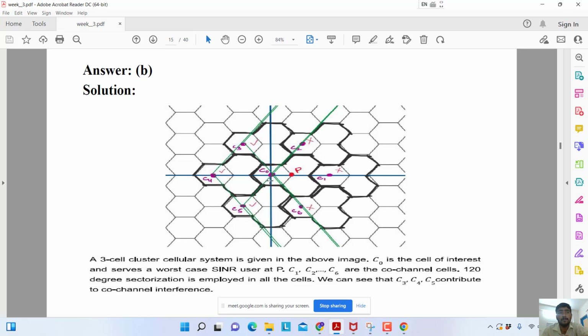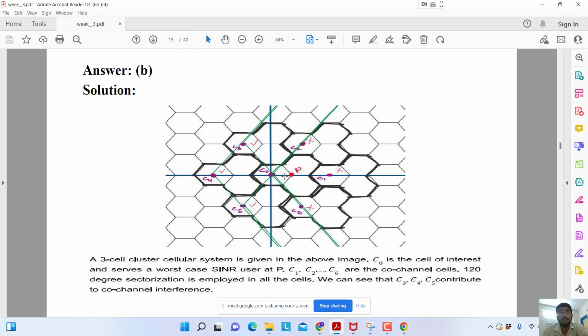Just read this comment. A three-cell cluster cellular system is given in the above image. C0 is the cell of interest that is serving our user P. In the worst case scenario, we are getting interference from all the clusters.